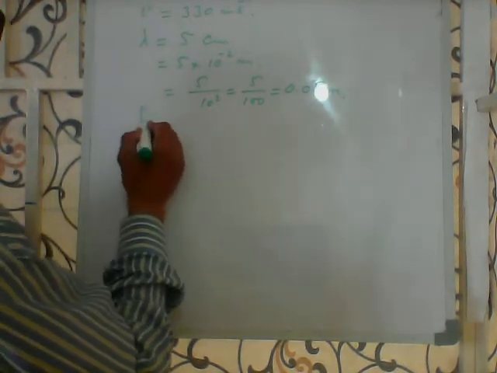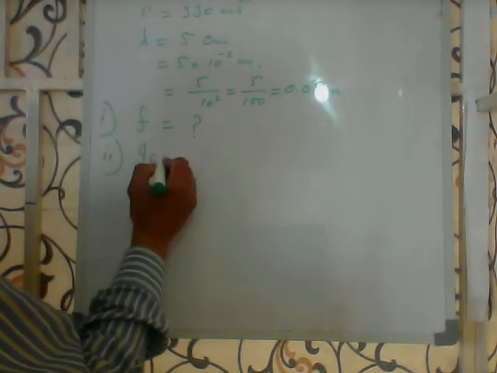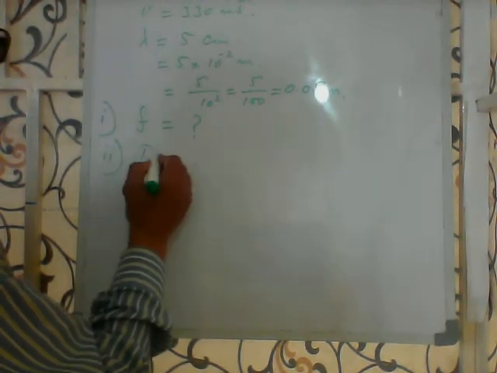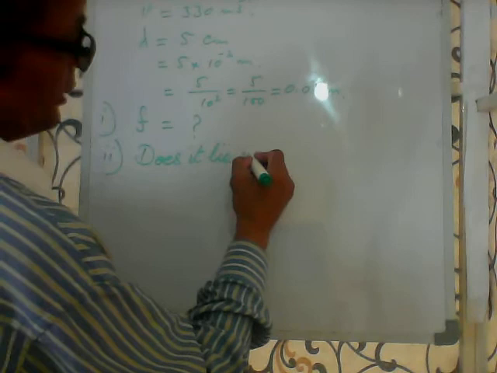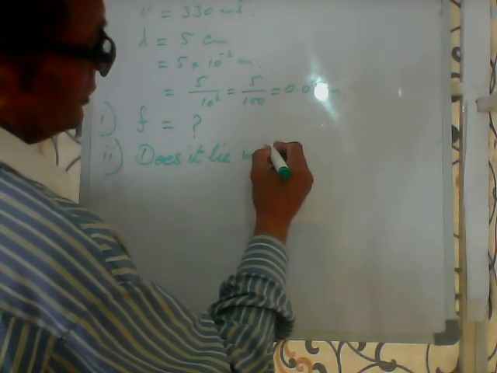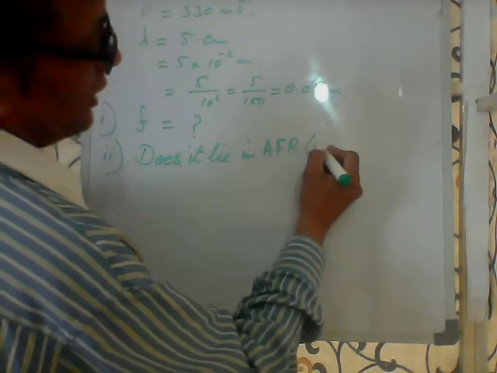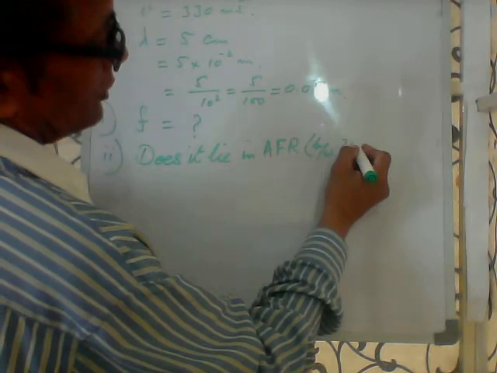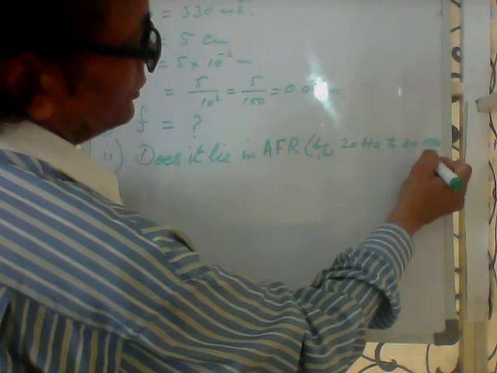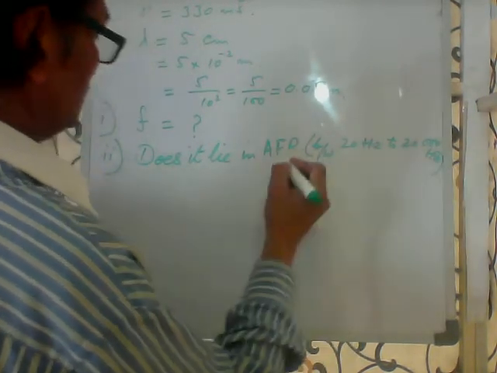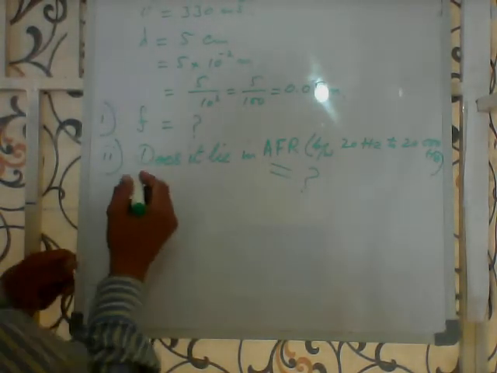So we have to calculate the frequency, number 1, and number 2, does it lie in the audible frequency range, that is between 20 Hertz to 20,000 Hertz. You have to answer this also.